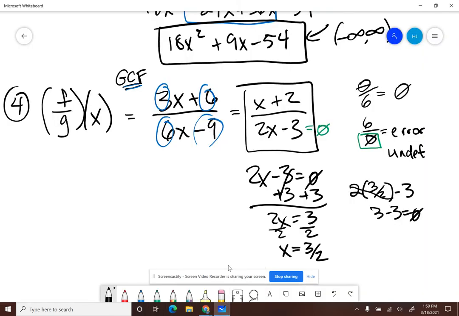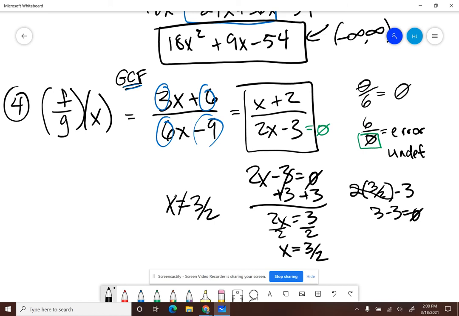So f divided by g of x is undefined when x equals 3/2. In other words, x cannot equal 3/2, because if x equals 3/2, this function is going to become undefined. So this function is defined everywhere except at 3/2.